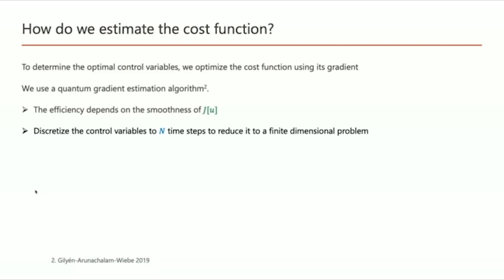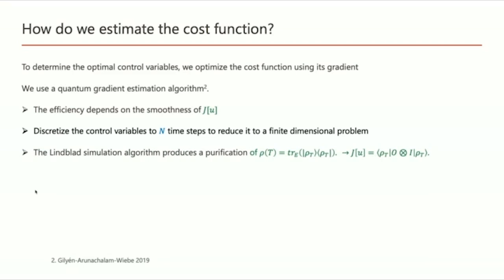So we can introduce a time discretization so that this is a finite dimensional problem, right? And to also make this work, we need to express this as an expectation. And so this follows from the Lindblad simulation, where eventually we get a purification of the density operator. So the objective function that we want to compute is expressed as an expectation.